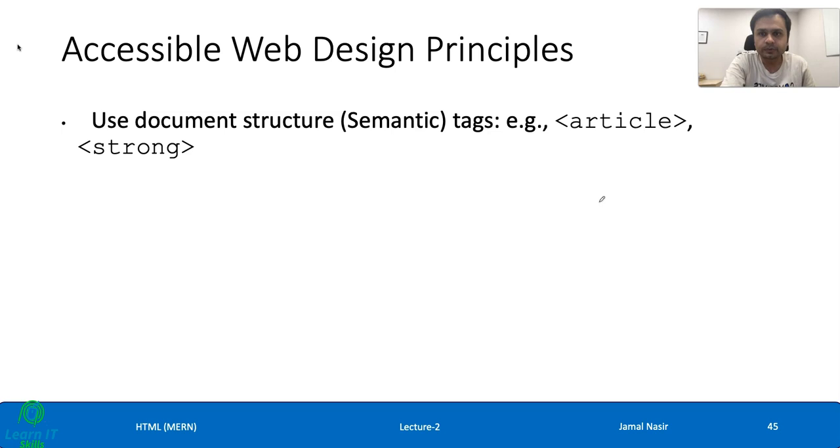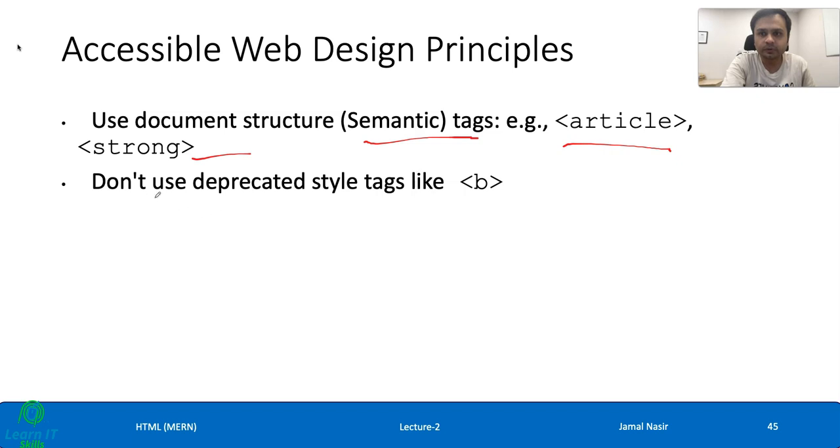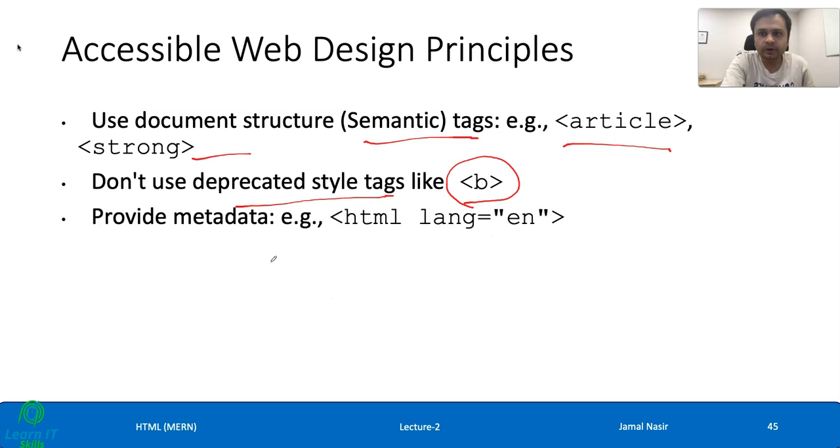So you can use semantic tags, right? Like article, strong, and obviously don't use deprecated style tags like bold. Okay, so you can use strong. Provide metadata. You can tell very explicitly that your website language would be English.